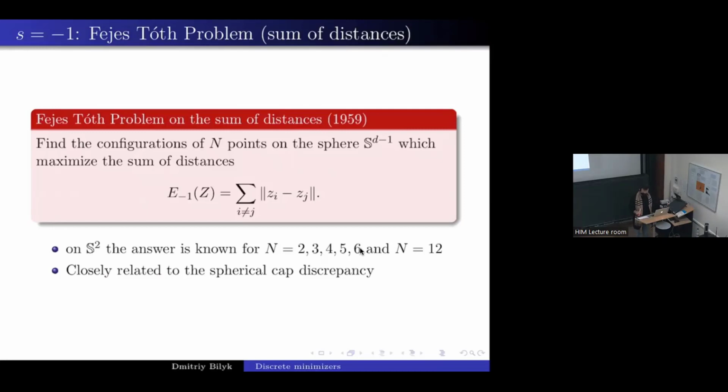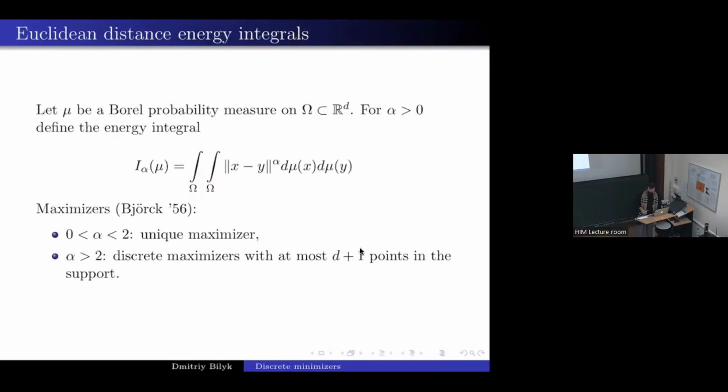As I said, in this talk I will not talk much about discrete energy anymore. I will talk about measures. But in this formulation, you can now talk about the energy integral instead of a discrete energy. This question was studied back in the 50s by Björck, and he had a sequence of fairly general results.